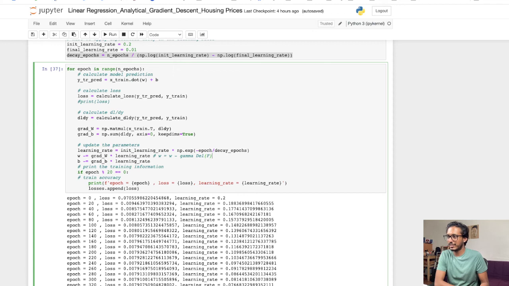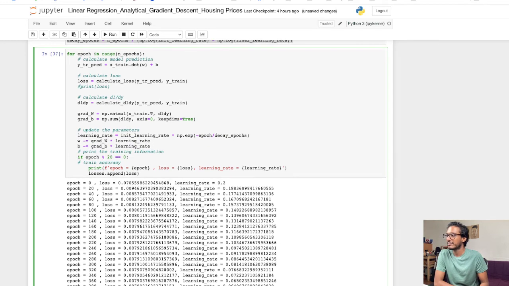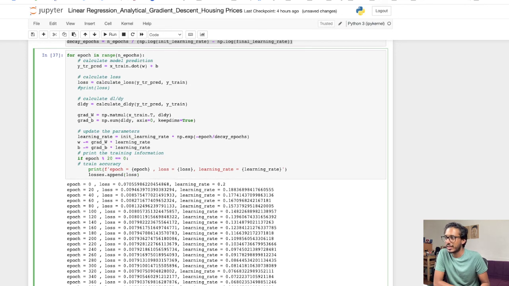So this is the equation which we are using. So we calculated the new w and the new b, and then for every 20 epochs we documented our epoch number, the loss, and the current learning rate. And then we continued to do this for 1000 epochs.